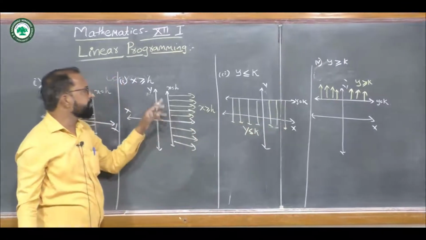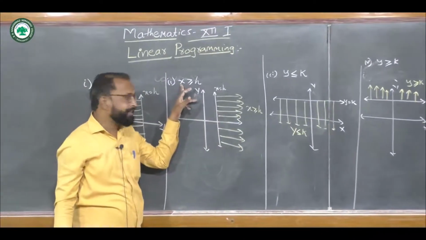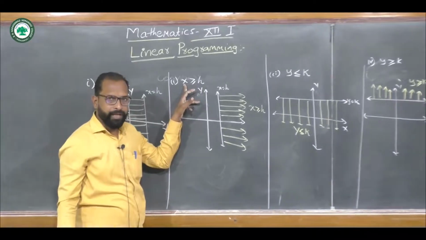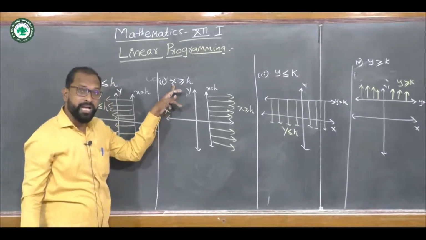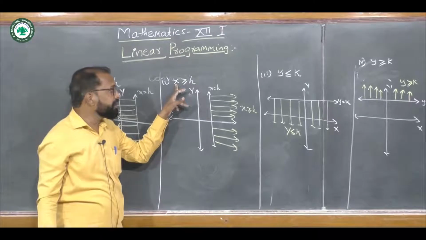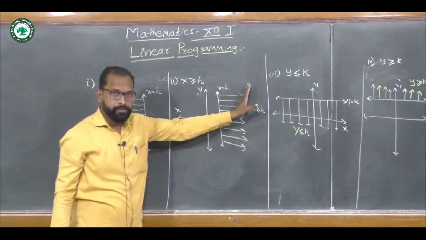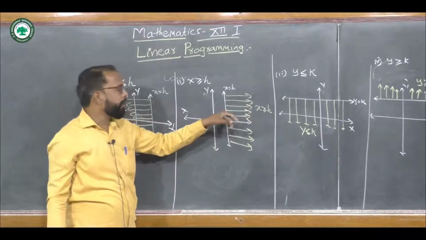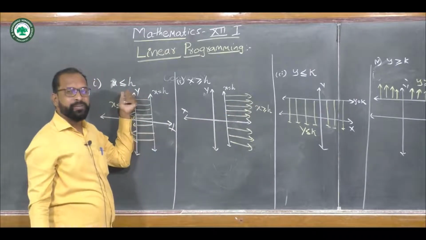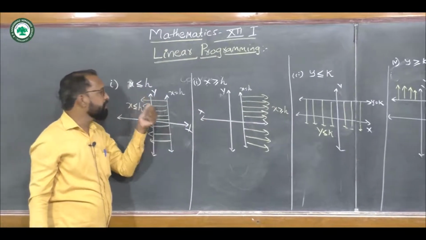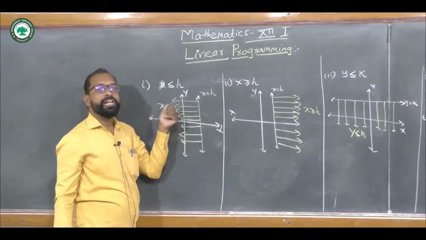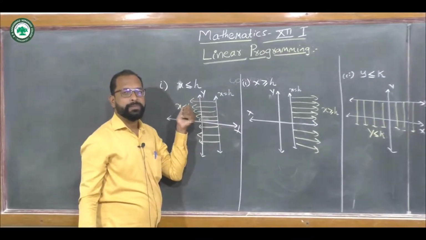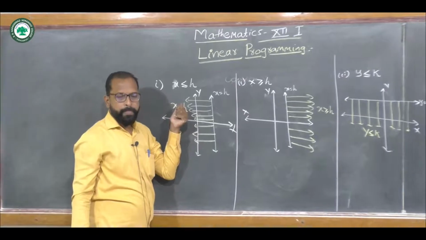Similarly, if x is greater than or equal to h, we consider the region to the right of the line, and for x is less than or equal to h, we consider the region to the left of the line x equals h.